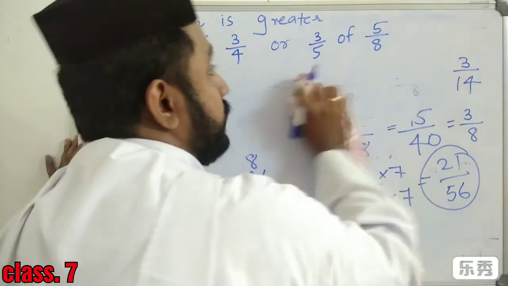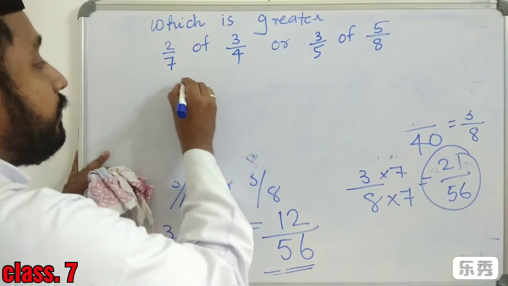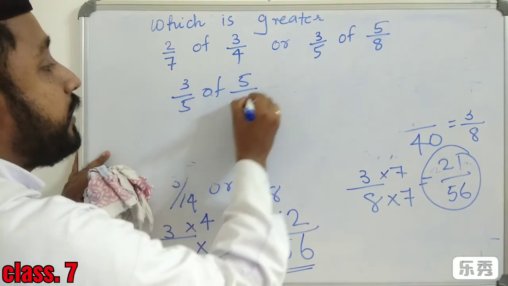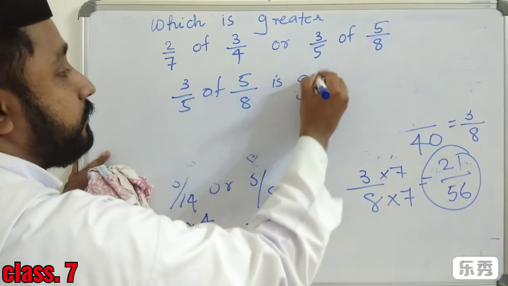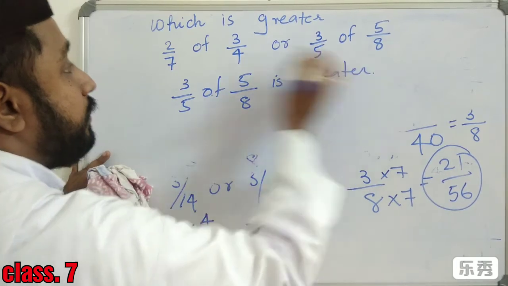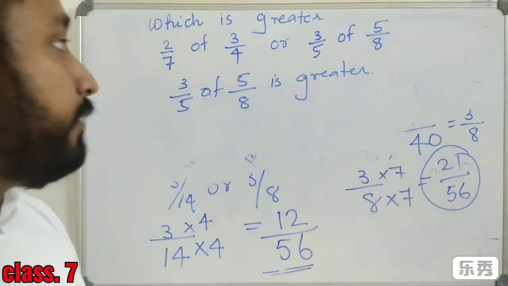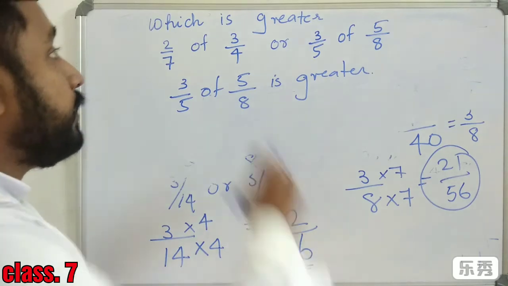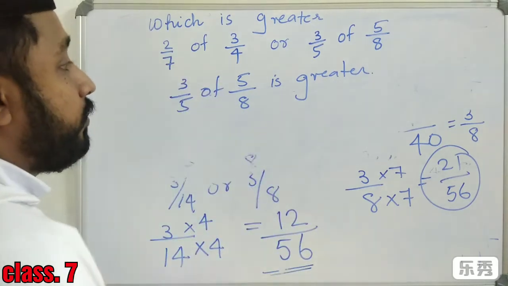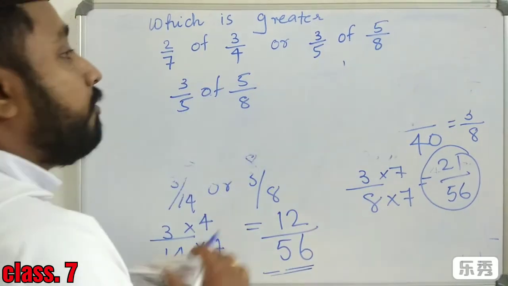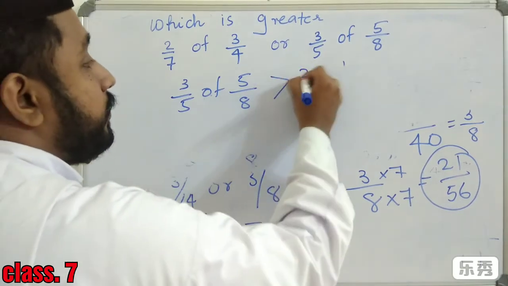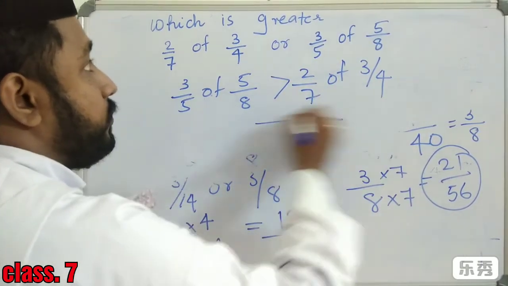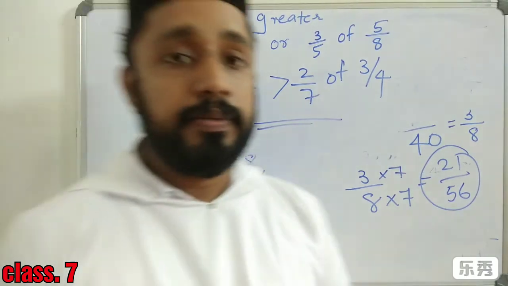Our conclusion is 3 by 5 of 5 by 8 is greater than 2 by 7 of 3 by 4. So this is the greater one.